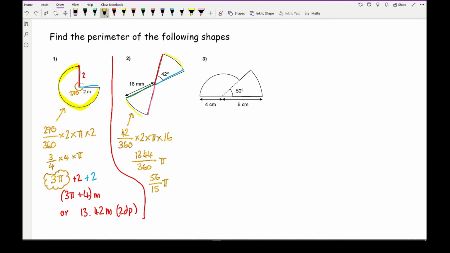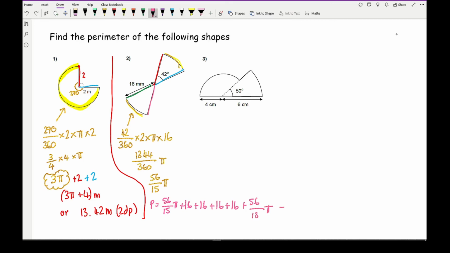And that gives me the arc length of those two, and I've got 2 of those. So to work out the perimeter of this particular shape, P equals 56 over 15 pi plus 16 plus 16 plus 16 plus 16 plus another arc of the same length.